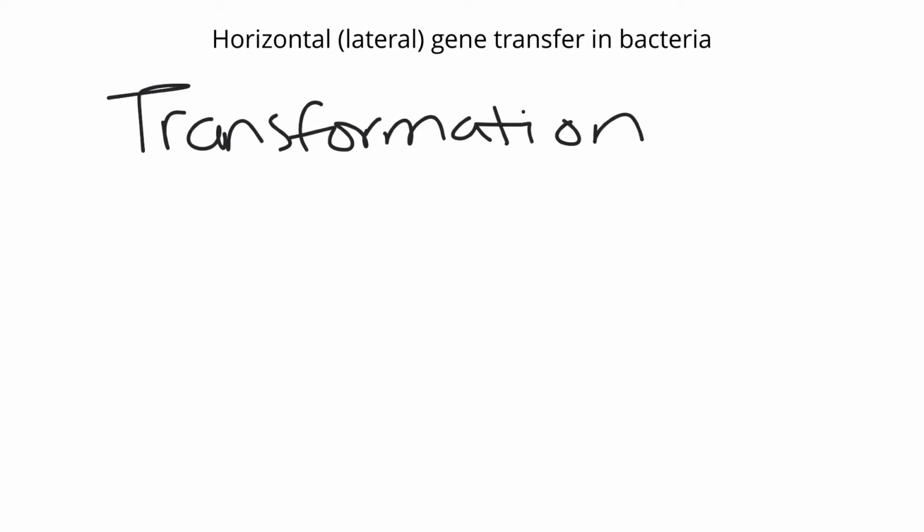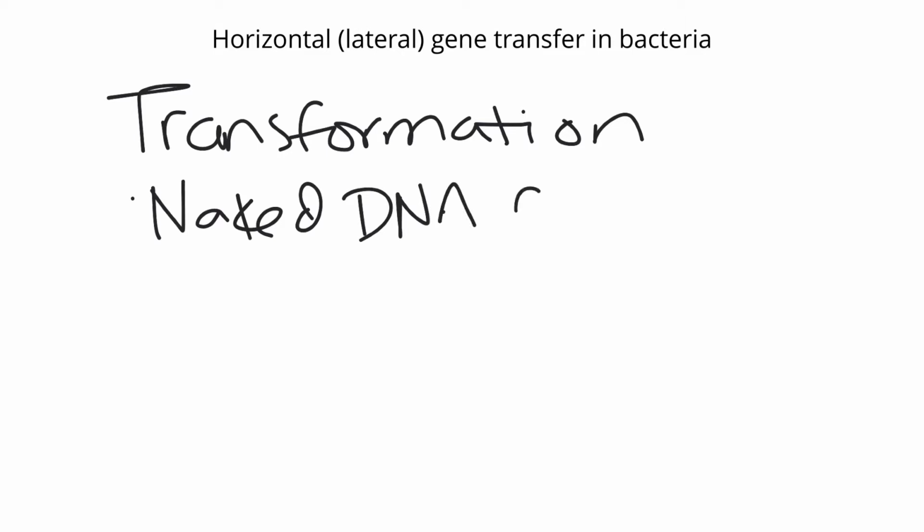So the main thing about transformation here is that it's going to be what we're going to call naked DNA from the environment. And we'll see one way that that could happen. And the whole thing with this genetic variation, how this works, is that the DNA that comes into the cell may have different alleles on it, or potentially completely different genes.